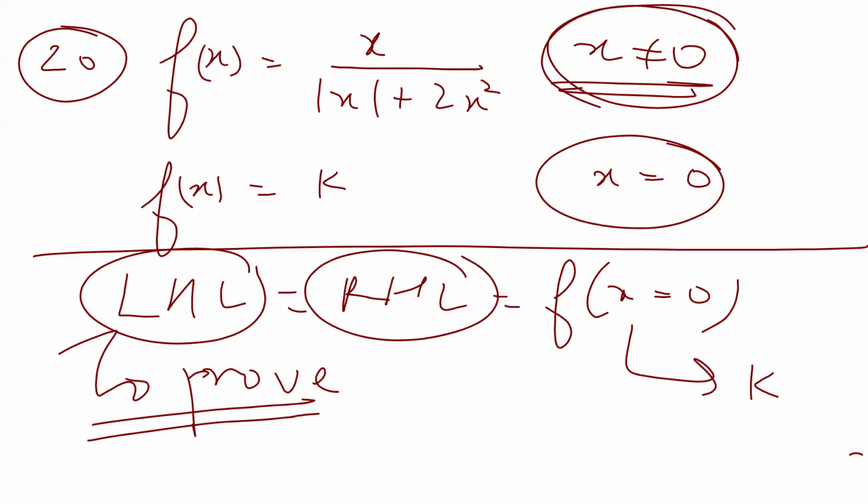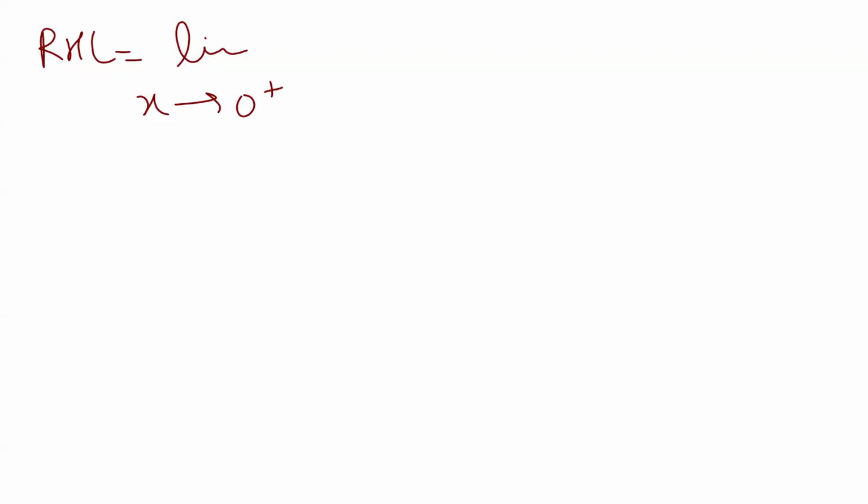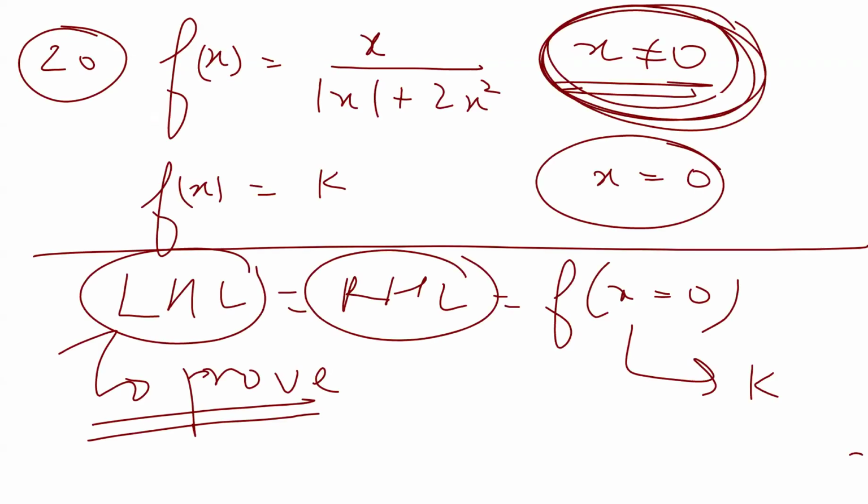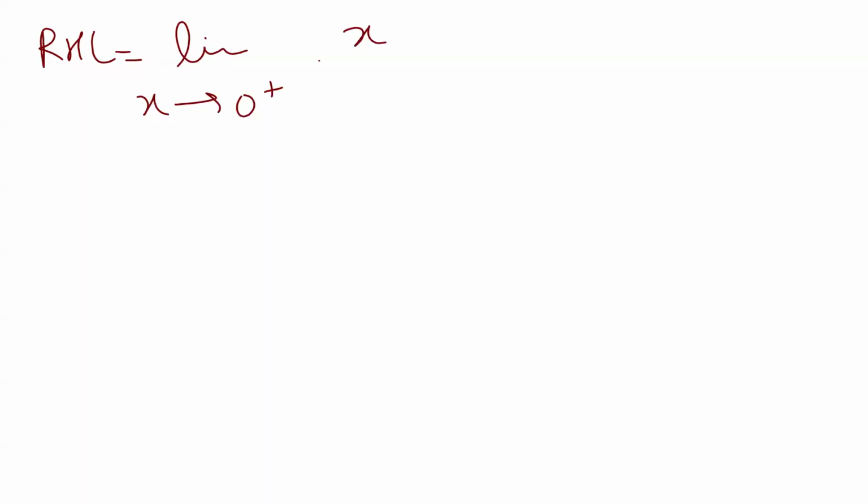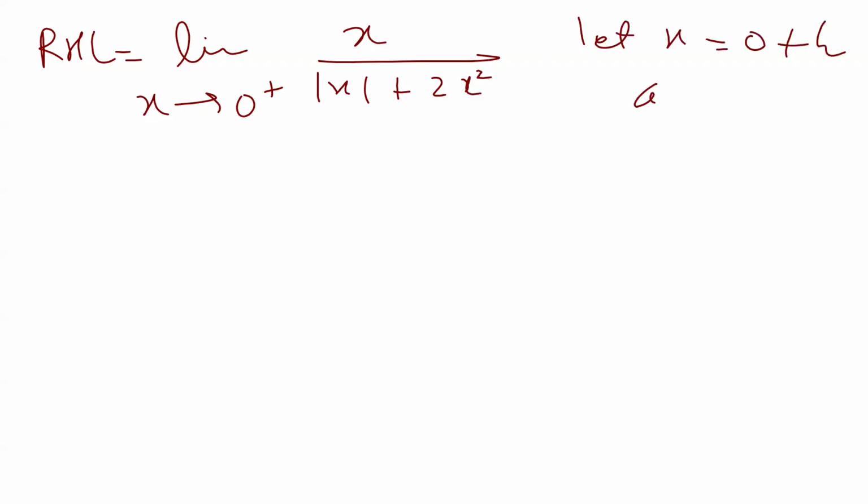You can calculate any one because this indicates both lesser than and greater than. The function remains same for LHL and RHL, so no need to solve it separately, but since it is a proof, we'll solve it separately. I started with RHL, so let me proceed with RHL. Limit x approaching 0 plus of x upon (modulus of x plus 2x square). Let x is equal to 0 plus h. As x approaches 0, h will also approach 0.